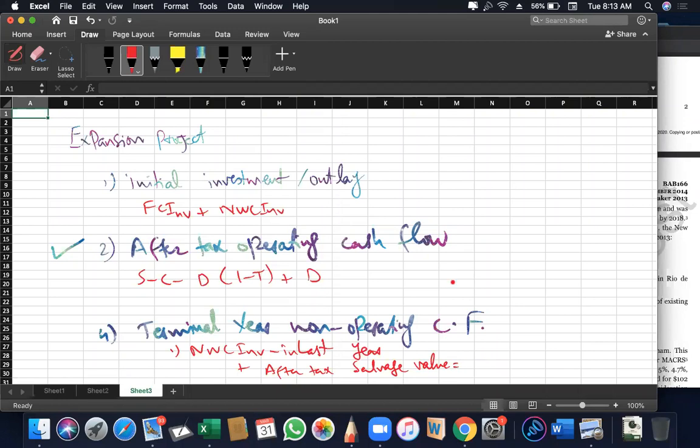Now after tax salvage value is equal to salvage minus tax into salvage value minus book value.